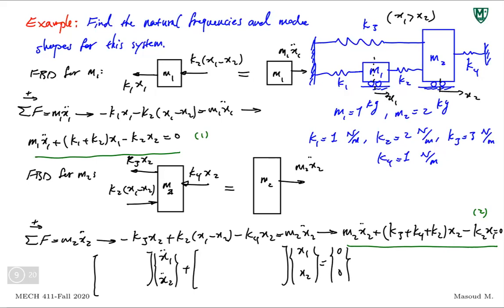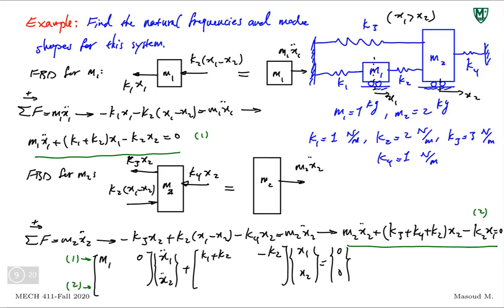All right. The first line would be the first equation. Well, M1 X1 double dot, and then 0 X2 double dot, because there is no X2 double dot component in equation 1. This is coming from equation 1, this line. And the second line is coming from equation 2. X1 is multiplied by K1 plus K2, and X2 is multiplied by minus K2. And the other side is 0. That's all for equation 1.